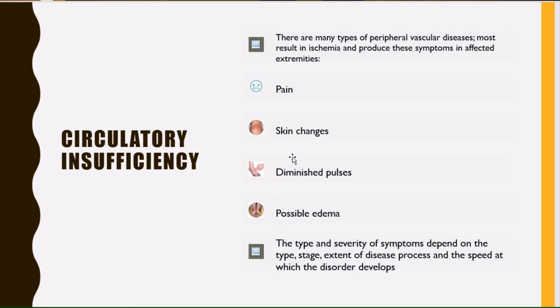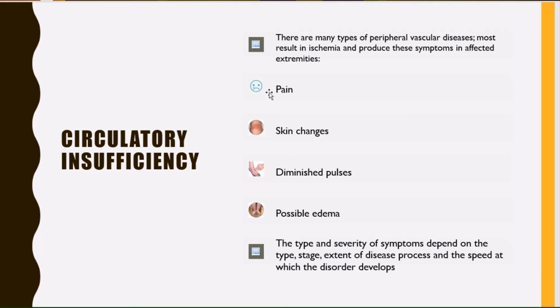Again, we will be looking at some slides that differentiate arterial and venous in all these symptoms. The pain will be different in arterial insufficiency. The skin will be different in venous disease. So we'll be comparing to see how we can differentiate whether it is arterial insufficiency or venous insufficiency.